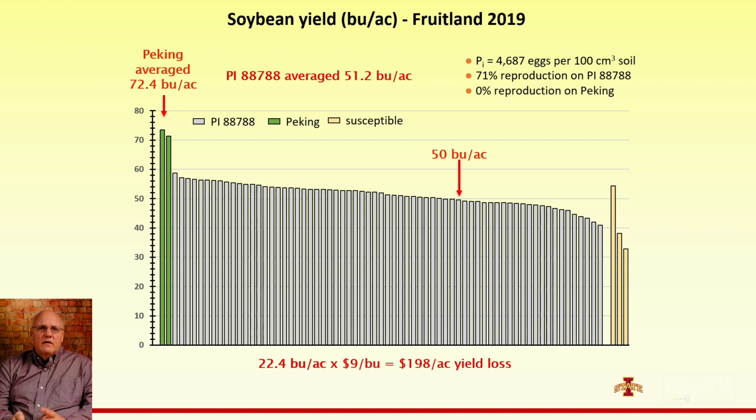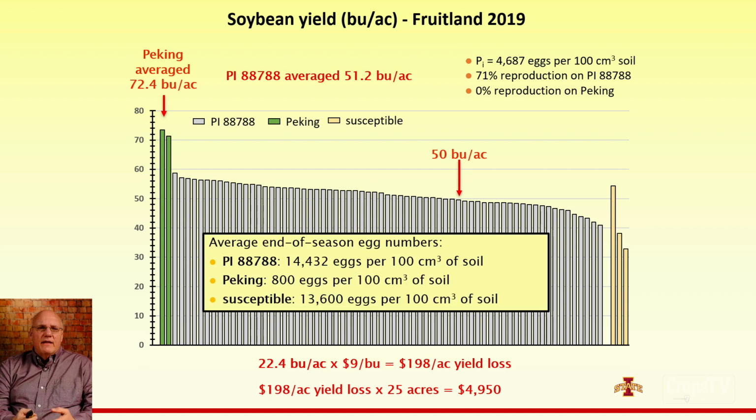That farmer missed out on nearly $200 in revenue an acre because of unfulfilled yield potential by growing an ineffective source of resistance. And then if you multiplied that by the 25 acres of his land around us, that yield loss was approaching $5,000. So it's a real consequence, this loss of effectiveness of 88788 resistance.